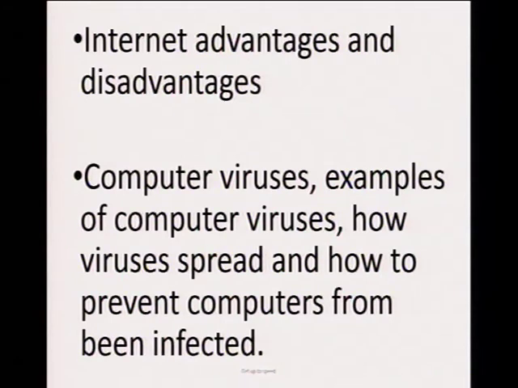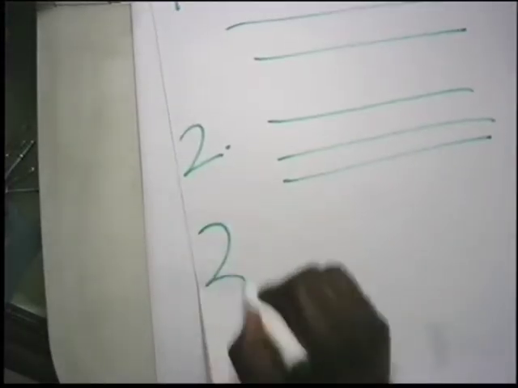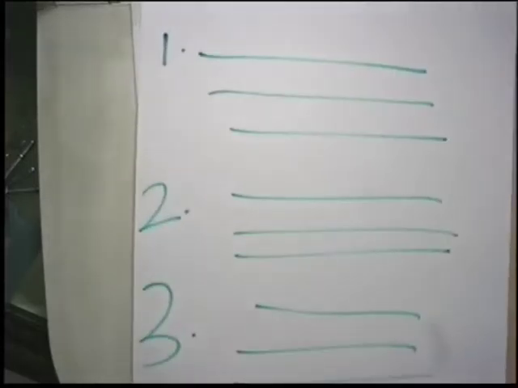What I'm trying to say is that when you bring out points, for example, advantages of the internet, you say 1, tell me something. 2, tell me about it. Another advantage. 3, another advantage. Then I can easily look: the first advantage, correct, good.